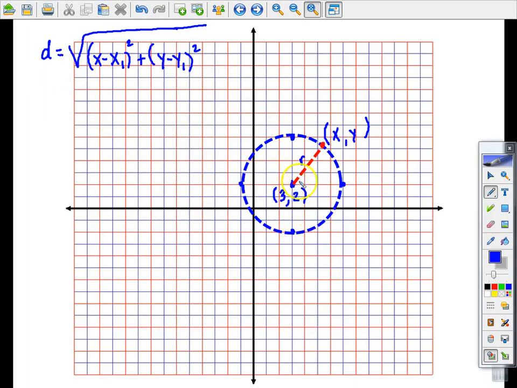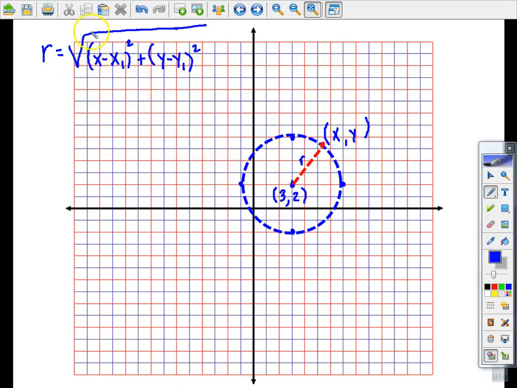Well, since we're talking about a circle, and since we're trying to find out what this radius is of the circle, then I told the class, well, let's just change this d into r, because really that's what we're finding. We're finding the radius of this circle.